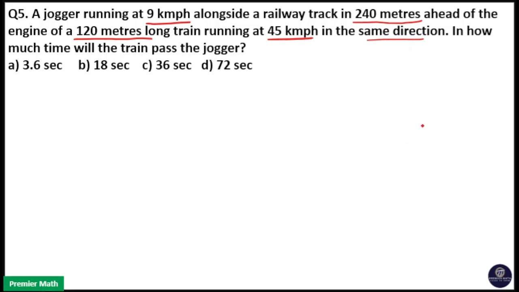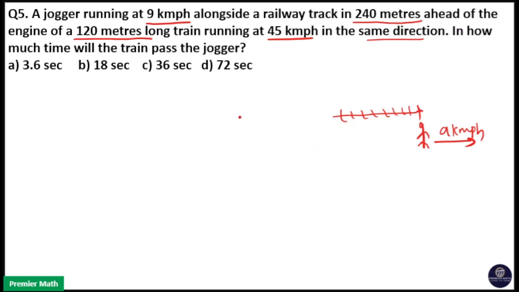Here a jogger is running at a speed of 9 km per hour along the side of a railway track, and he is 240 meters ahead of the train engine.